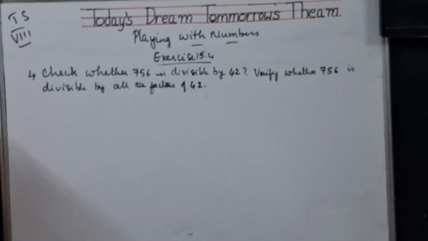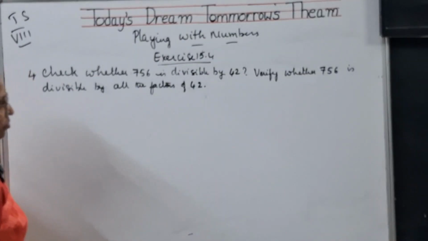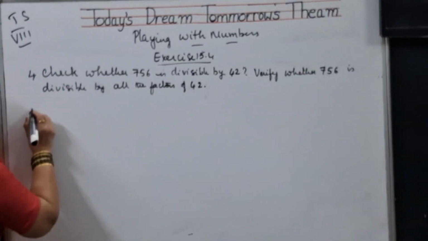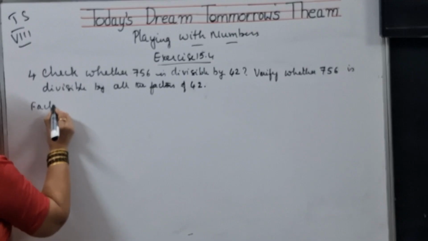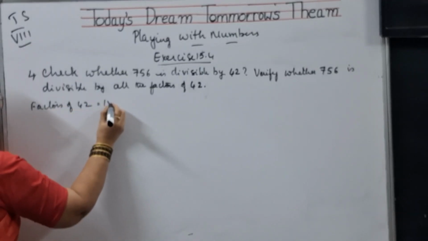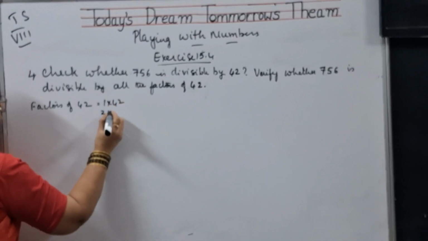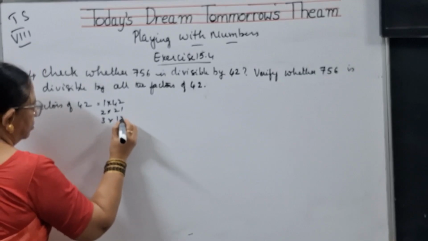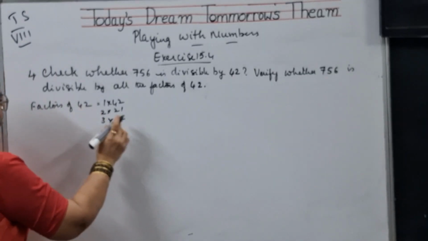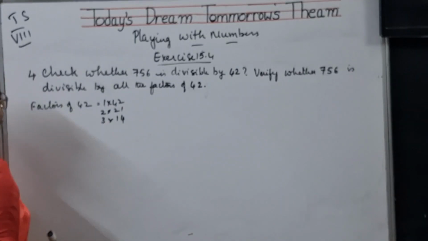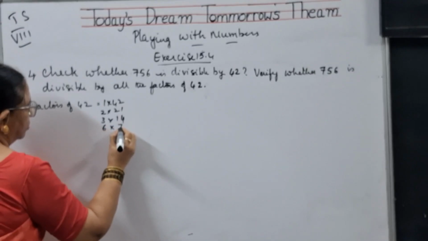Check whether 756 is divisible by 42. Verify whether 756 is divisible by all the factors of 42. So let us write factors of 42: 1 into 42, 2 into 21, 3 into 14, and 4 it won't. 5, 6, 6 sevens are 42.